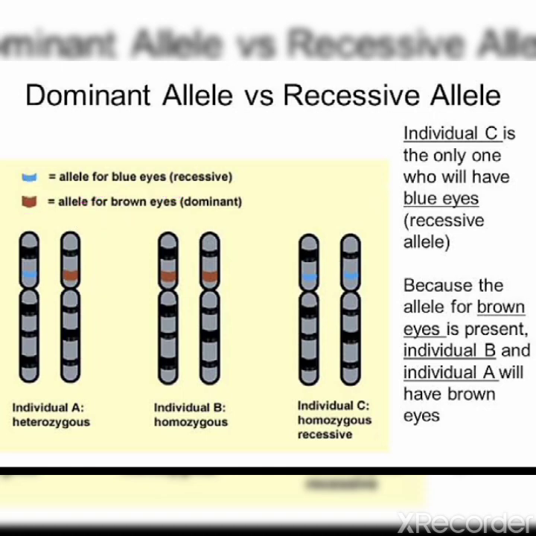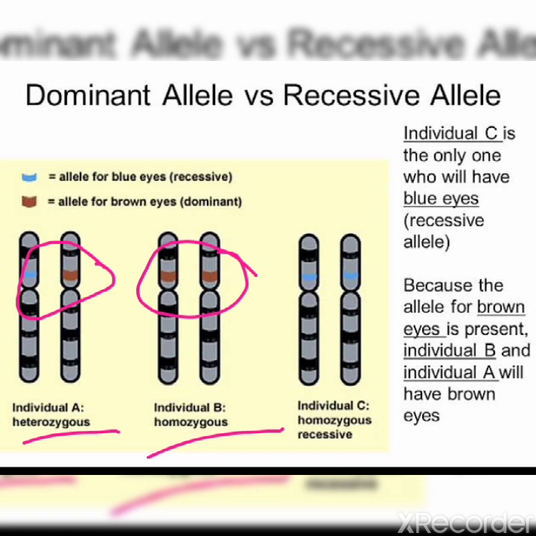In this you can see individual A, that is heterozygous. Heterozygous dominant with dissimilar pair. Dissimilar pair means one is brown, another one is blue. So individual A is heterozygous dominant with dissimilar pair. Individual B is homozygous dominant, because brown one is present.